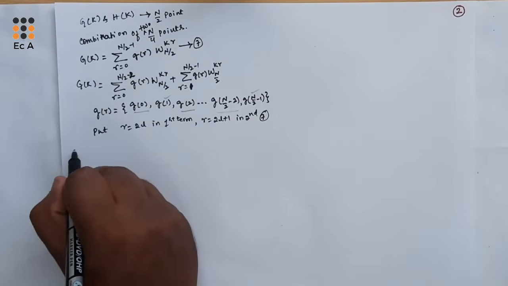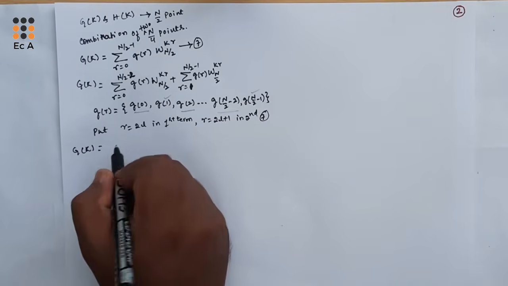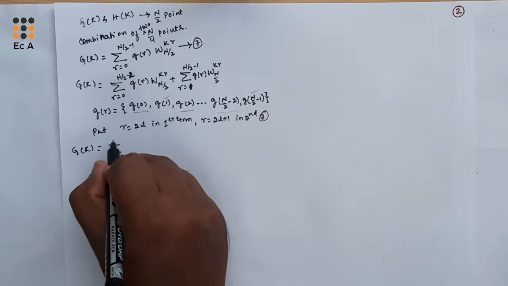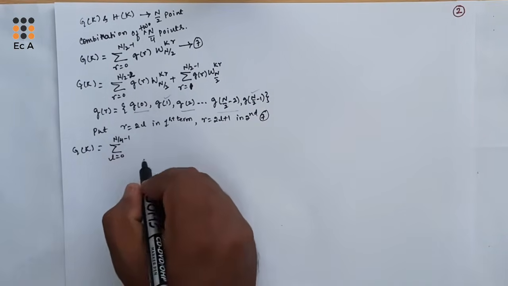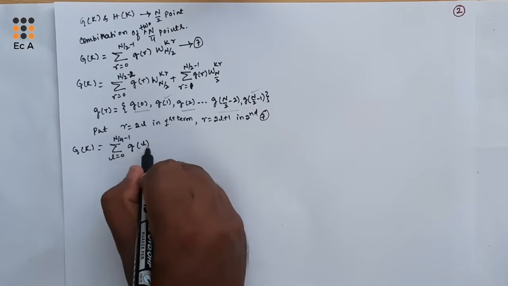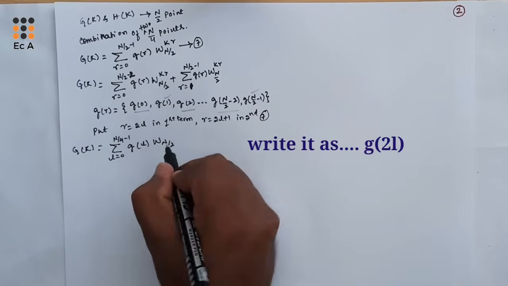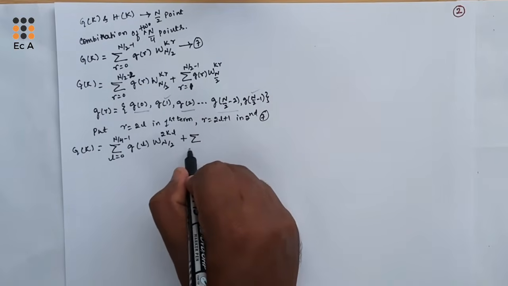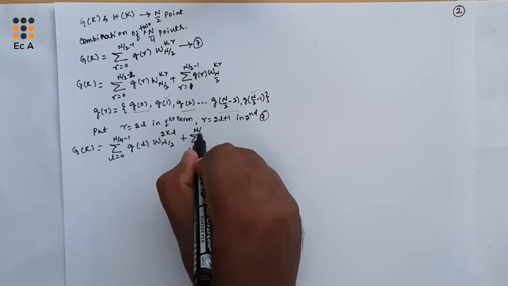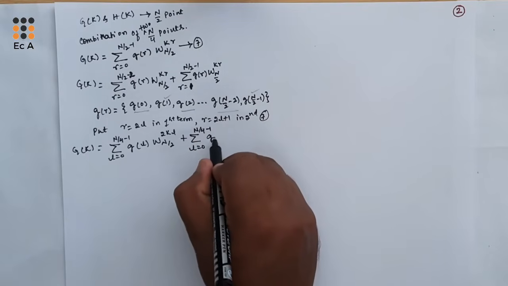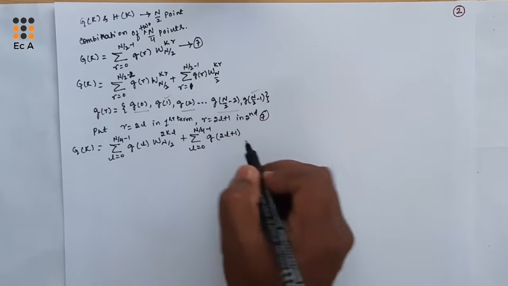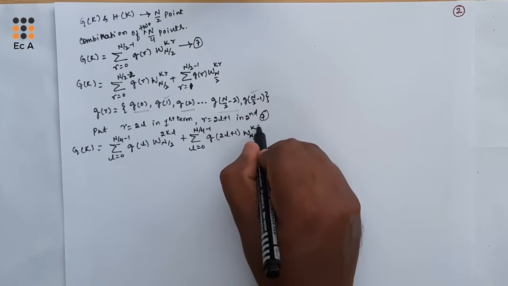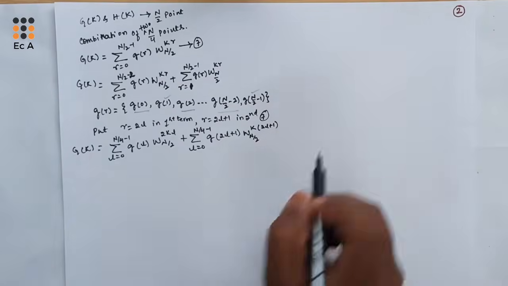So in that case g of k will be equal to summation of l is equal to 0 to n by 4 minus 1 g of 2l wn by 2 to the power of 2kl plus summation of l is equal to 0 to n by 4 minus 1 g of 2l plus 1 into wn by 2 to the power of k into 2l plus 1.